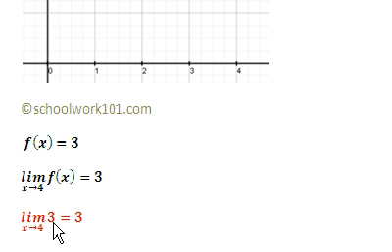And so I've replaced the f of x with a 3, and now it's written the limit of our constant as x approaches 4 is equal to the constant. So if this were any number, for example 10, then this here would be 10 also. Okay? So we're referring to our theorem in that first property.